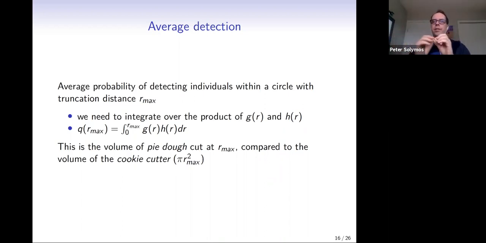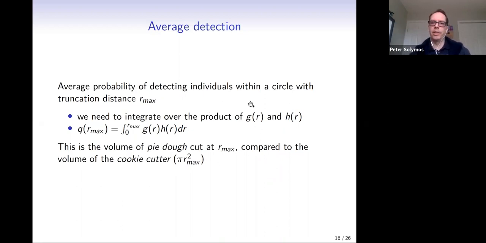And now we are not just looking at this one-dimensional relationship with distance, but a two-dimensional relationship with distance. You can think of it as a pie dough that is shaped like a two-dimensional normal distribution.